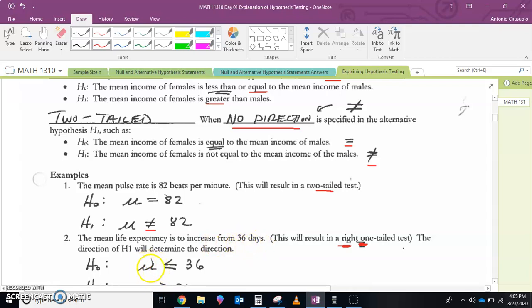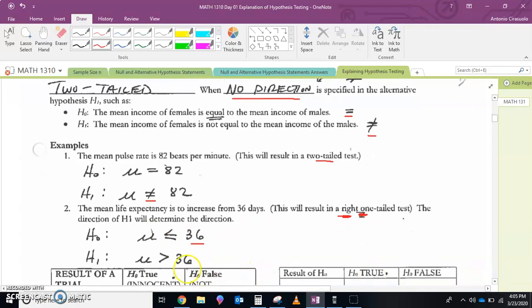In this case, we can say the mean is less than or equal to 36, and the opposite is the mean is greater than 36. Now, you see that the increase, right, increase, greater than, we always have the direction, it's greater than, it's pointing to the right.